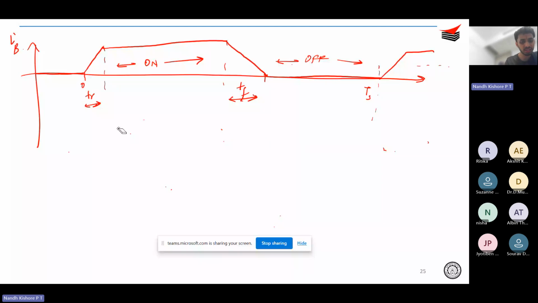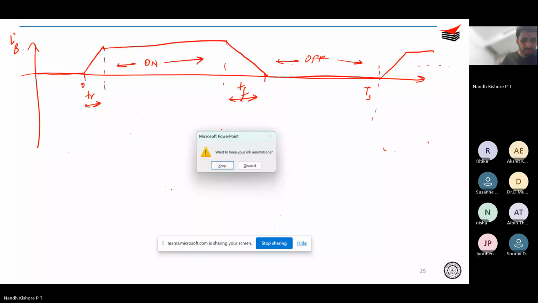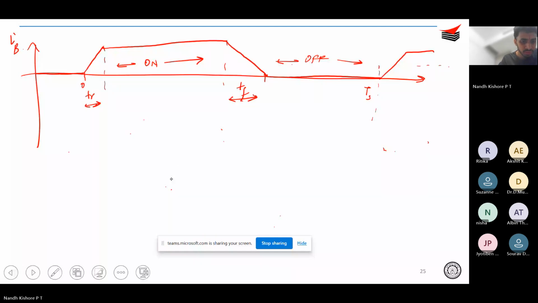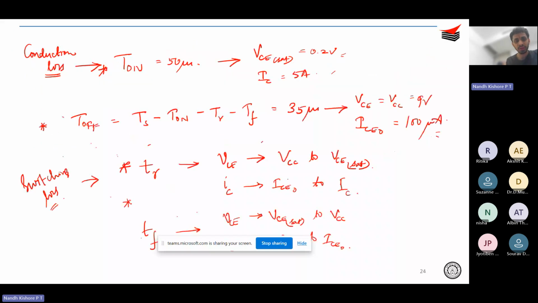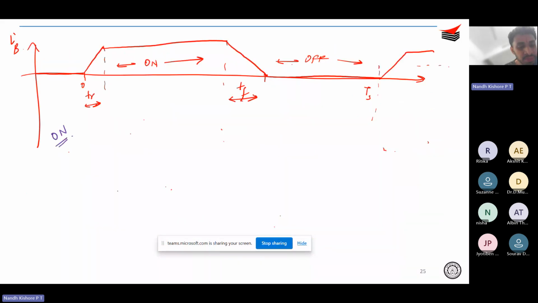Okay. So we will just find out the on losses. When the device is completely on, you know that your VCE is 0.2 and IC is 5, and it is happening for 50 microseconds in a 100 microsecond interval. So what is your energy loss component?